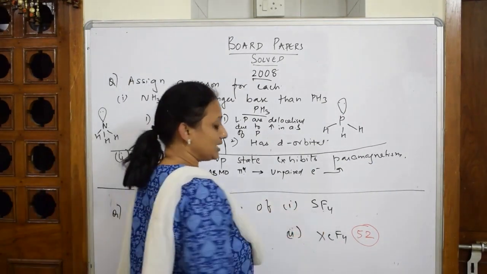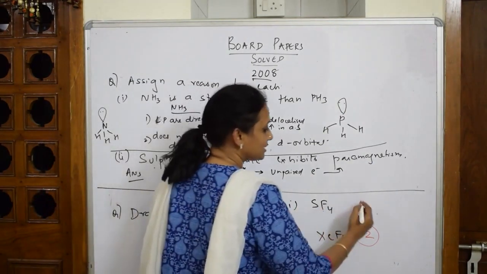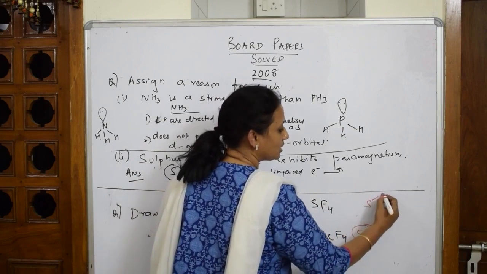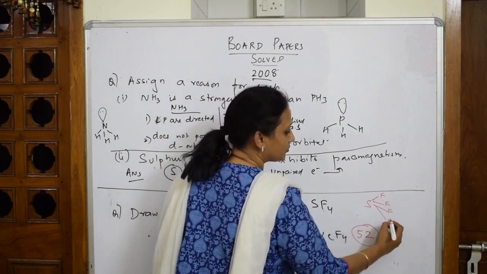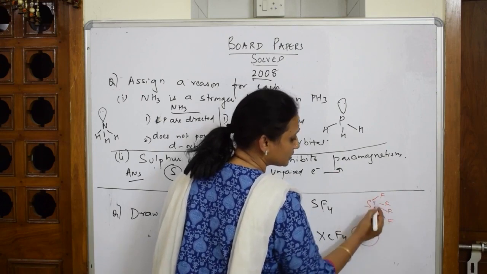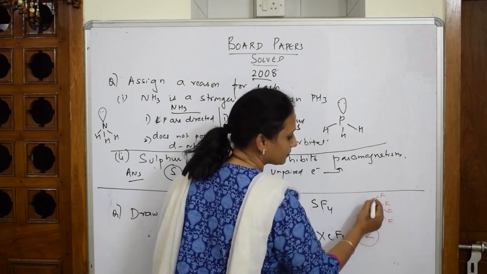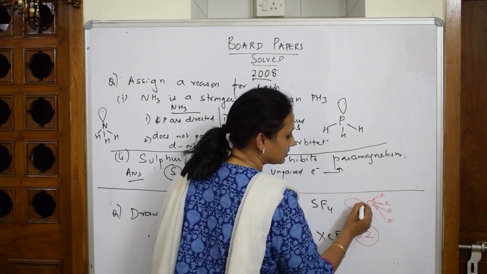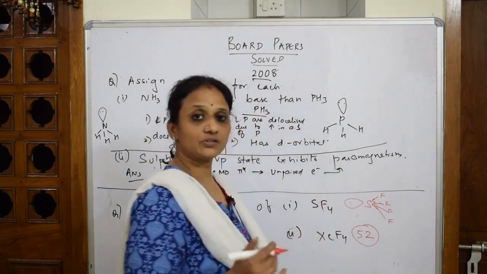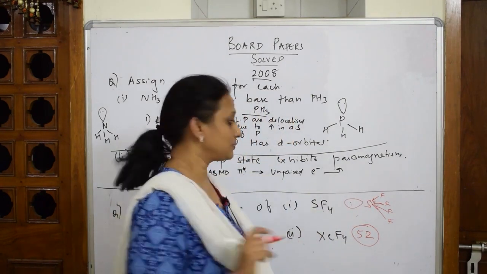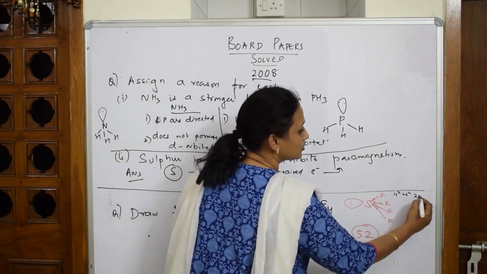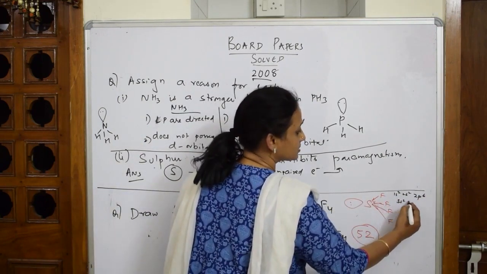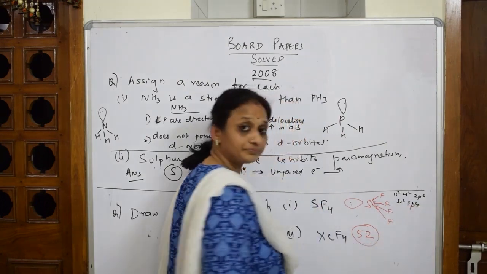So here they have given one, SF4. Simple, it's nothing. Sulfur, 1, 2, 3, 4. Okay, I'll make everything together, and a lone pair. Why did I draw this? Sulfur is atomic number 16. So let's see: 1s2, 2s2, 2p6, 3s2, 3p4.